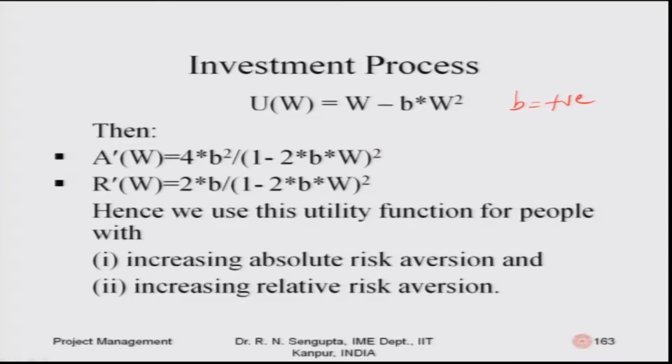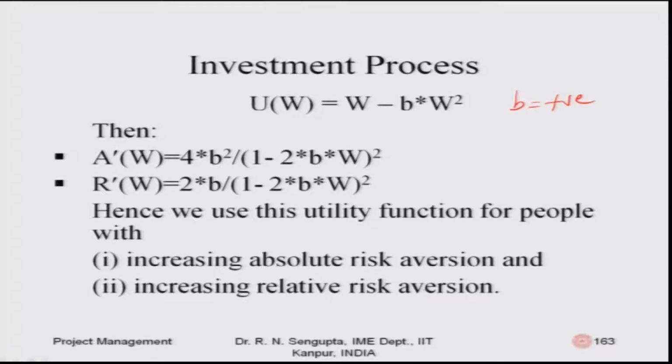The denominator is positive, and the sign of this 2b would definitely depend on the value of b. So, if b is positive, 2b is also positive, and again we see an increasing relative risk aversion property.